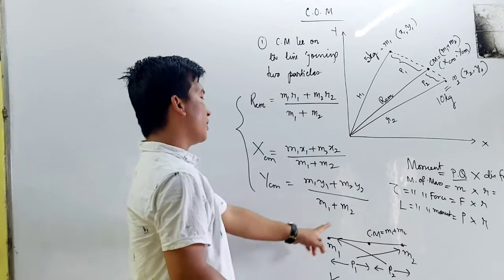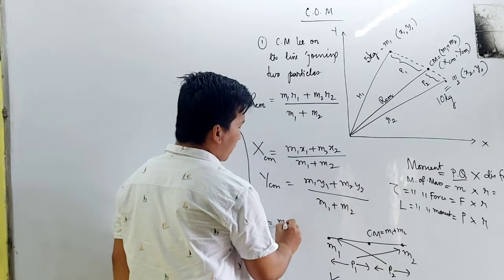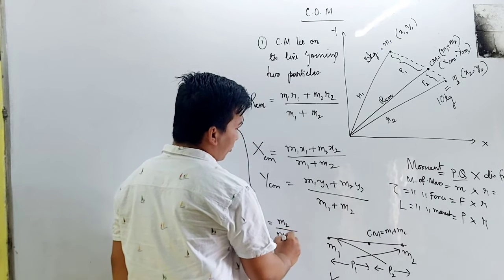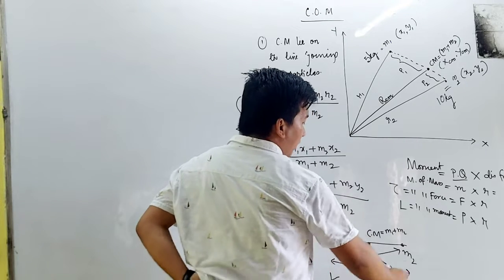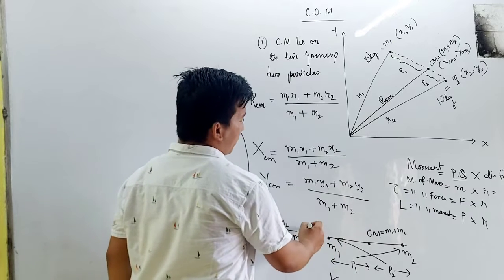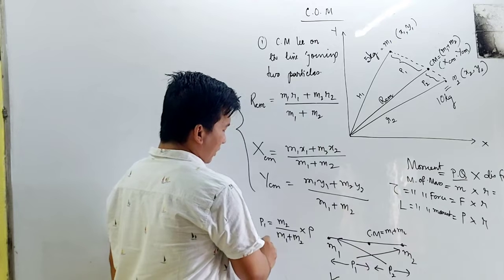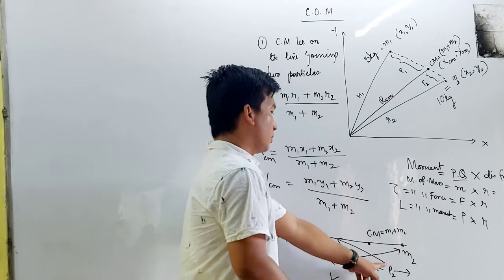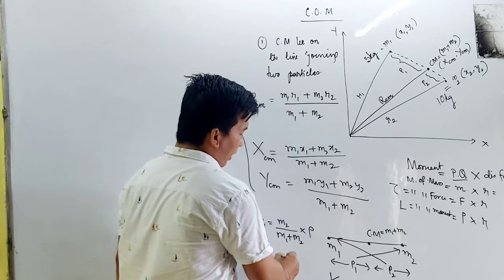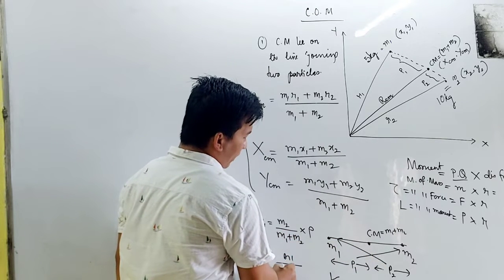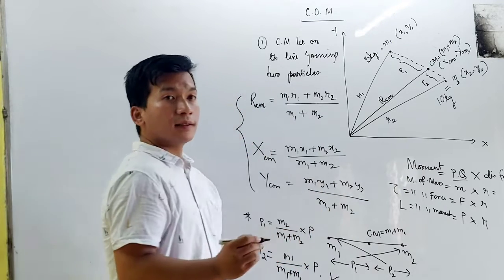For P1, the numerator should be M2, divided by the total mass M1 plus M2, into the initial distance of separation P. Next, your P2: the numerator is the opposite mass, that is M1, divided by M1 plus M2, into P.